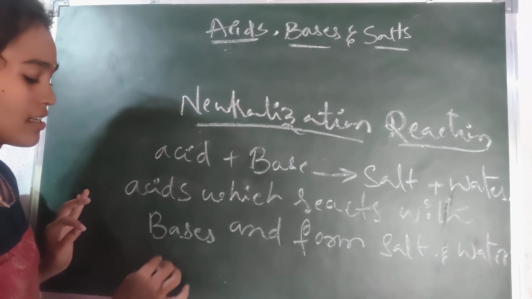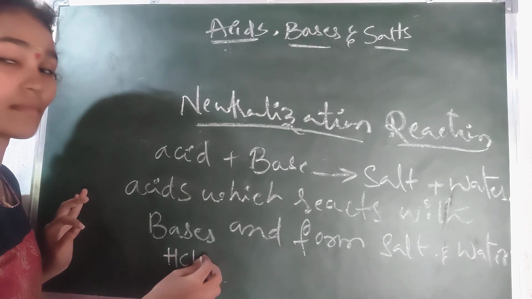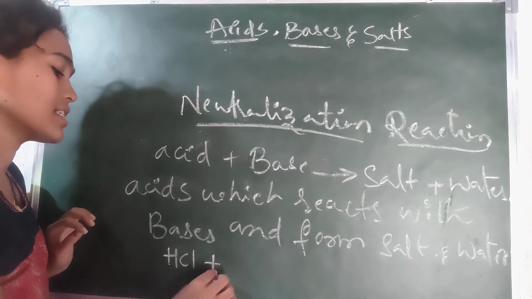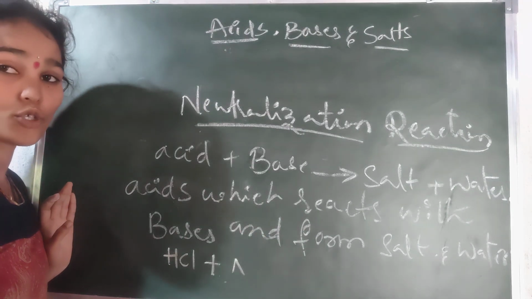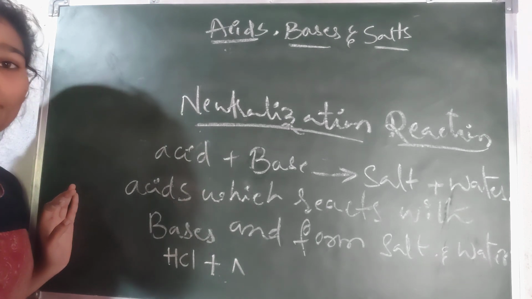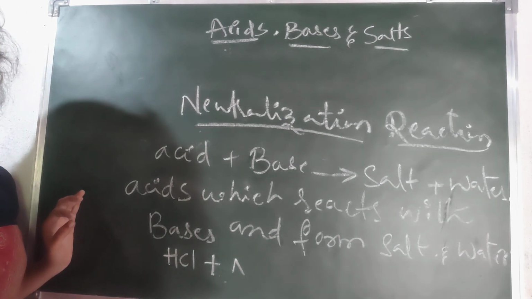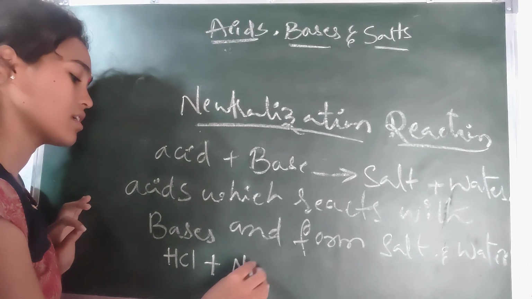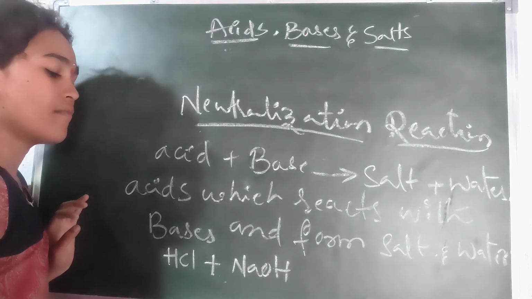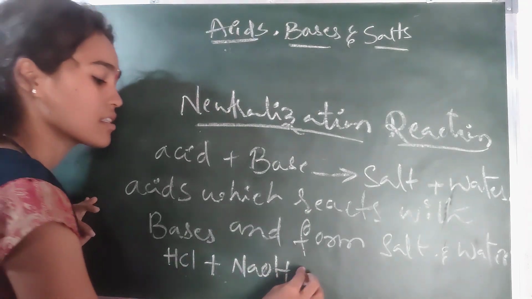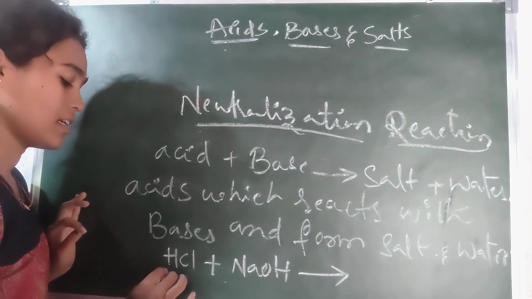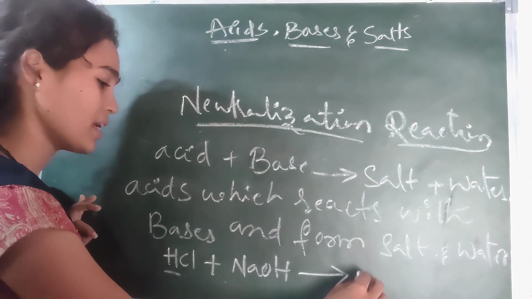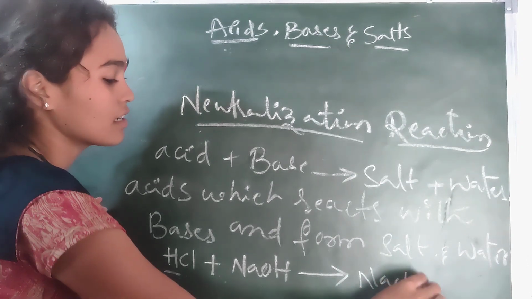Acid, nothing but HCl, reacts with a base. The most simple common example is NaOH. NaOH is a well-known base. When this acid reacts with this base, what is happening? It forms NaCl and water.